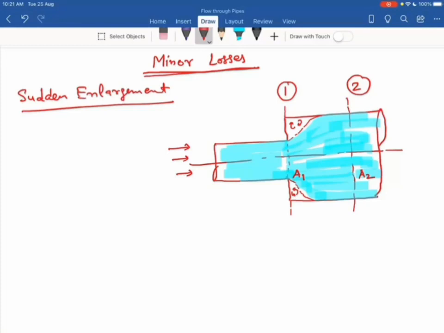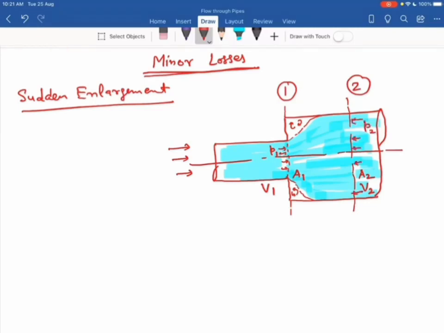Okay. Average velocity at section 1 is V1. Average velocity at section 2 is V2. The pressure intensities at section 1, that is P1. At section 2, it is P2.